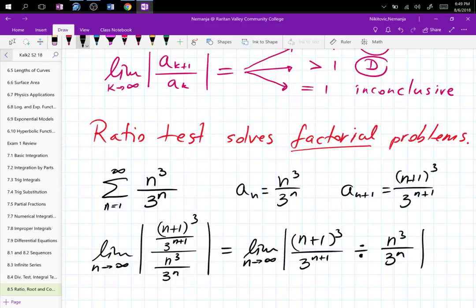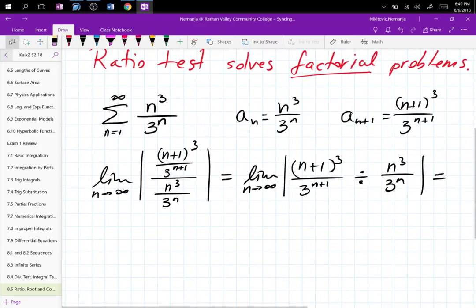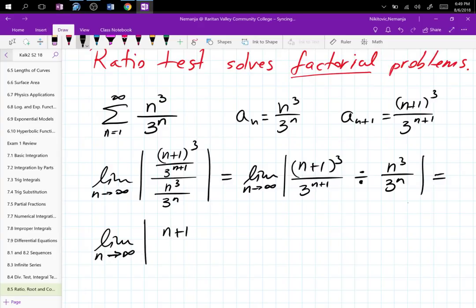Now, division of fractions changes into multiplication when you flip the second fraction. So we have (n+1) cubed over 3 to the n+1 times 3 to the n over n cubed.